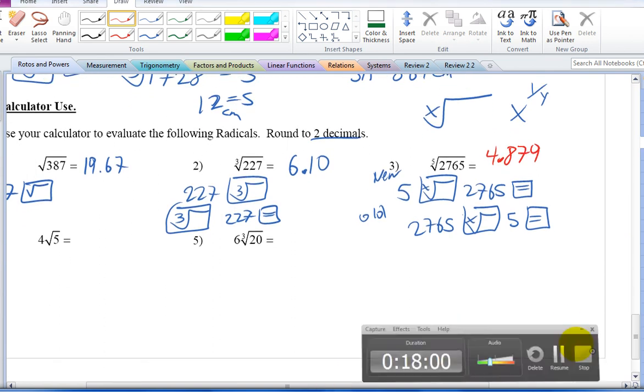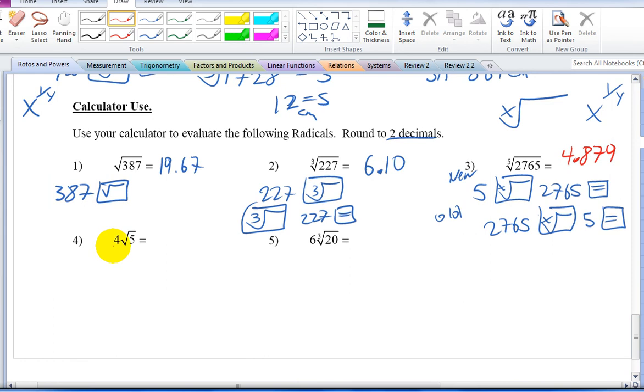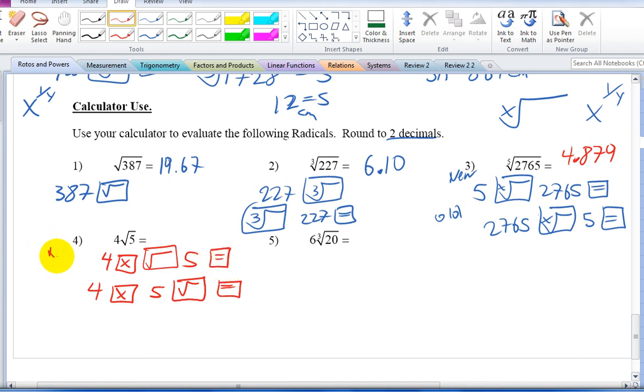And this is really hard here. So here, this is a multiplication. You must hit your multiplication button, then square root, and then 5. Or if you're old school, 4 times 5, then square root, then equals. Okay, so this is new, this is old.